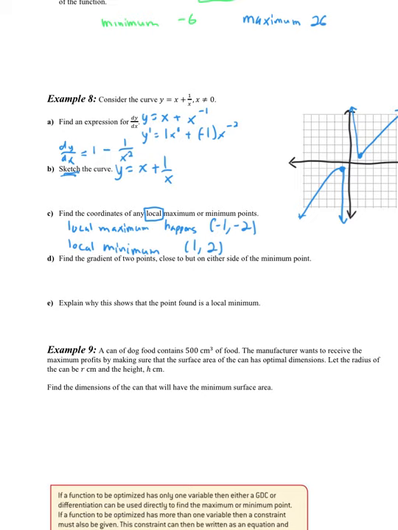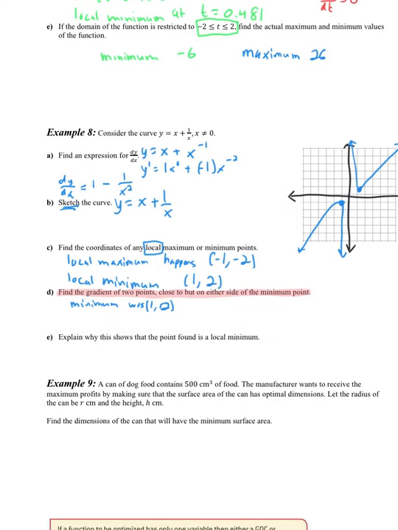Now, part D, this is the other important part here. It says find the gradient of 2 points close to but on either side of the minimum point. So we'll just recap. The minimum was 1, 2. And this is the part where we're proving that it is indeed a minimum without using the graph.